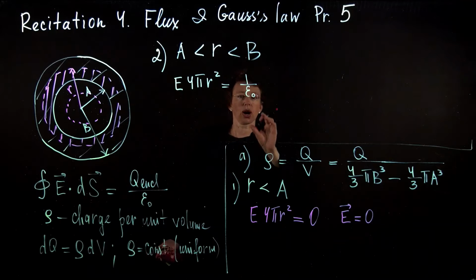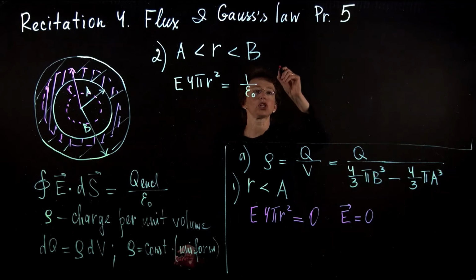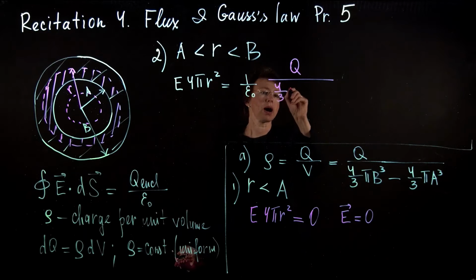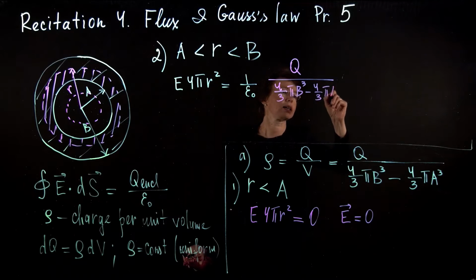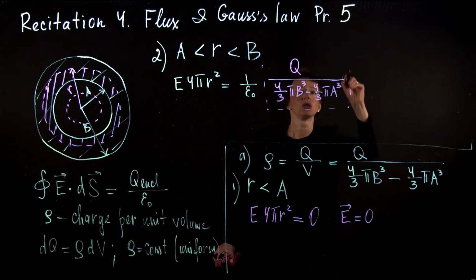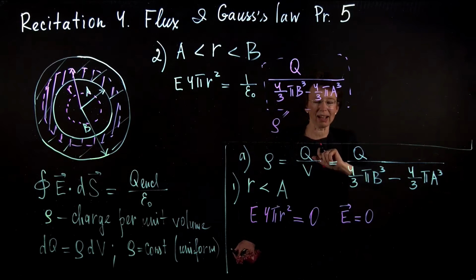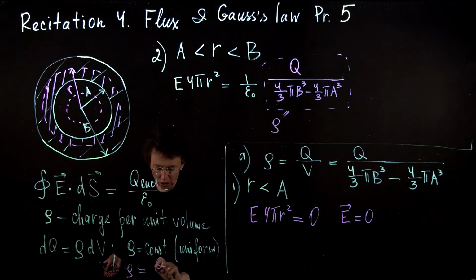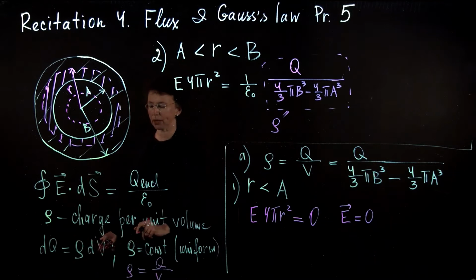Let's do it. So I have 1 over epsilon naught. The charge enclosed is rho, which is Q divided by 4/3 pi B cubed minus 4/3 pi A cubed. This is rho, charge per unit volume, times volume. So rho, one more time, is charge divided by volume, and now Q is rho times volume.